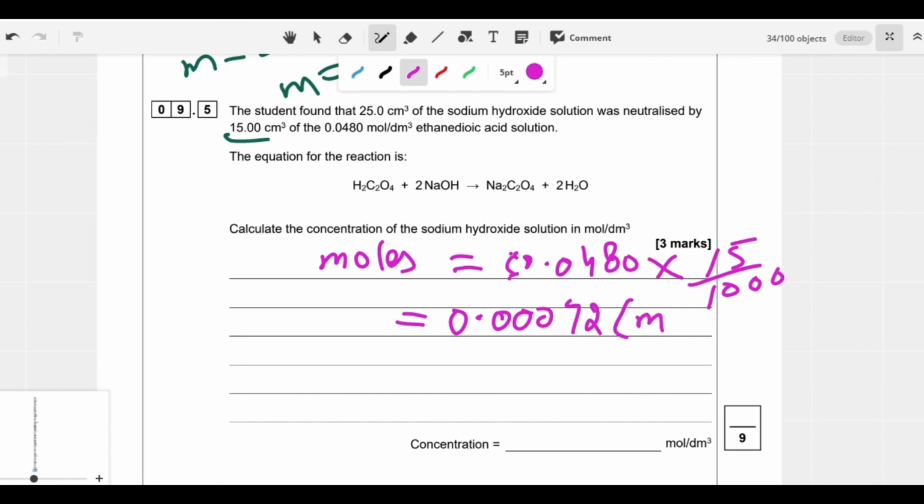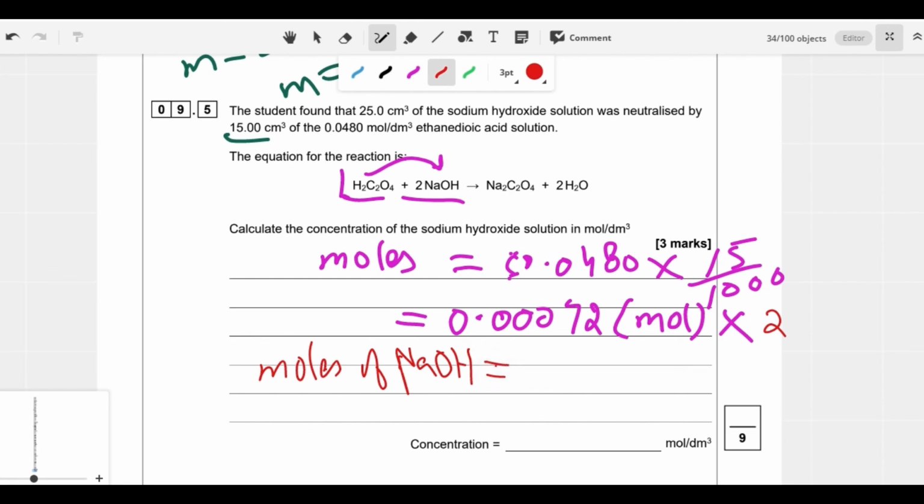These are the moles. Next you need to find the moles of NaOH by comparing. You can see the ratio is 1:2. There are 2 moles of NaOH and 1 mole of ethanedioic acid. So you need to multiply it by 2 to get the moles of NaOH.